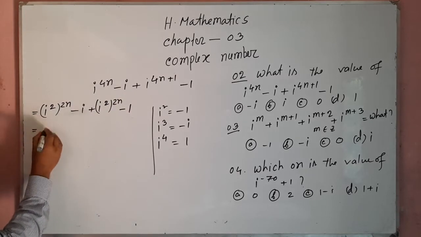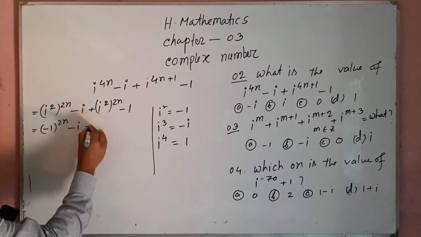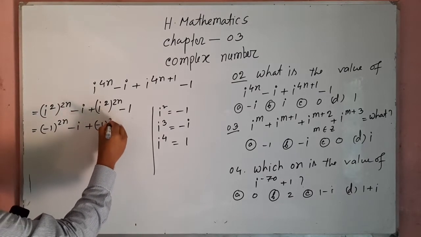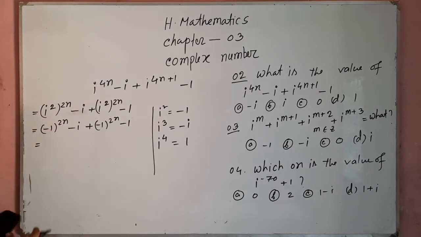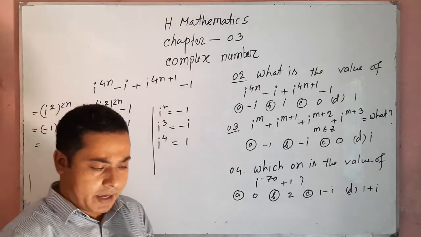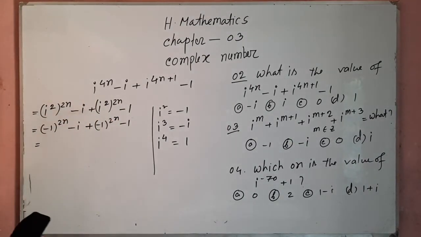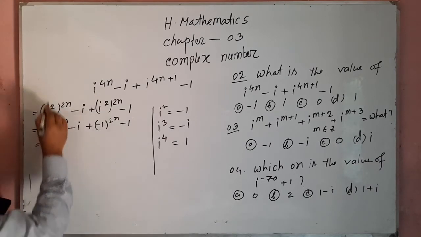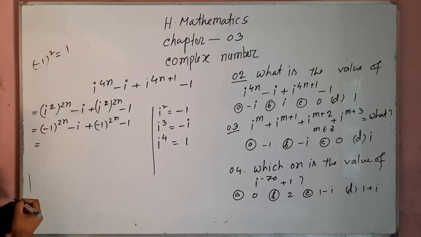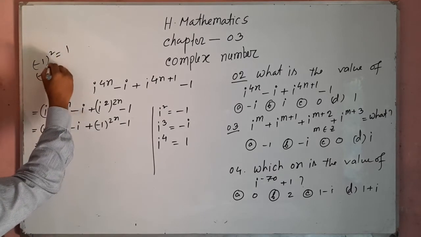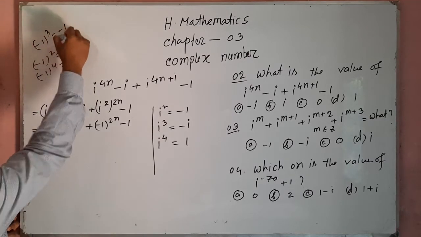Just think i squared is equal to minus 1, to the power 2n. Okay, 2n is an even number for all values of n. So if minus 1 has an even power, it will always be 1. As an example, minus 1 to the power 4 is equal to 1, but minus 1 to the power 3 is equal to minus 1.